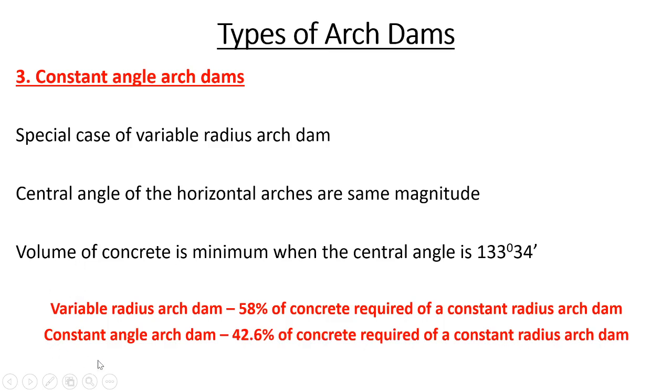From this statement, it is very clear that from the concrete consumption point of view, it is always better to construct a constant angle arch dam among the different types of arch dams.